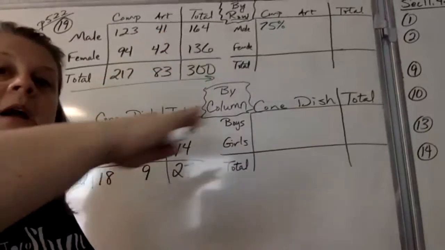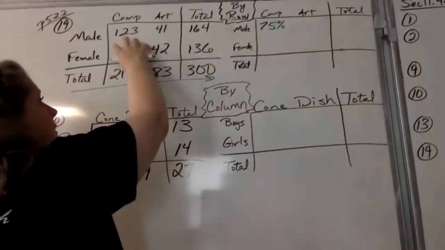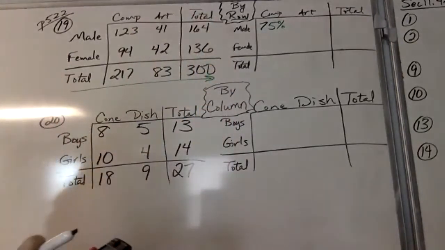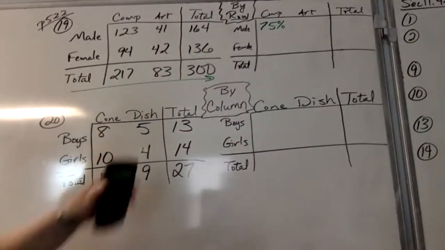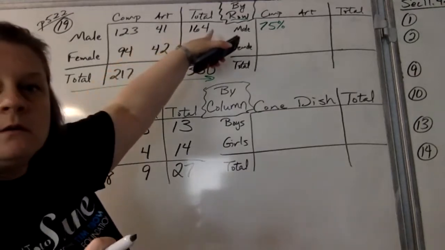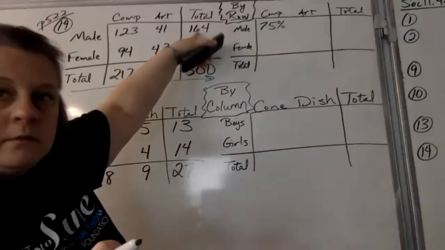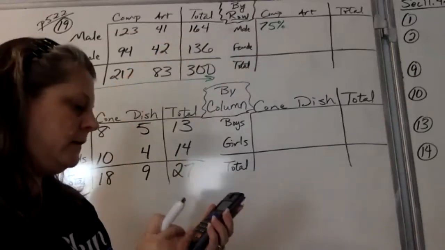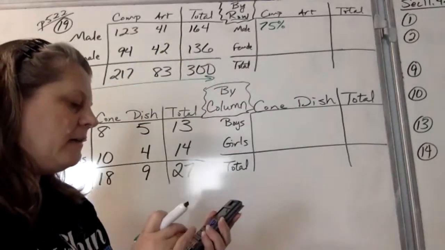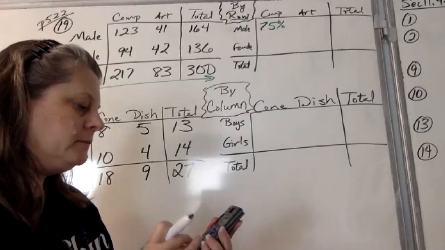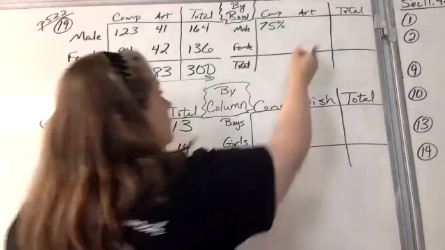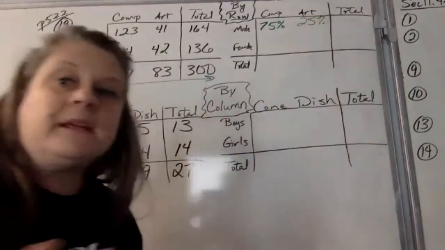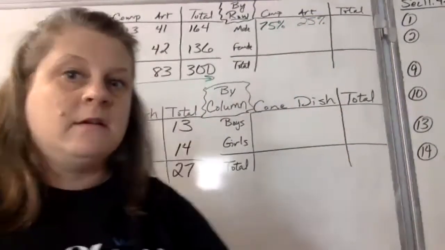Then we do the same thing. You're just doing it by the row. So you're gonna take these numbers by their row total, not the grand total. So I'm gonna have 41 divided by 164. And get my nice little decimal. And that one's gonna be 25%, which should make sense, okay?